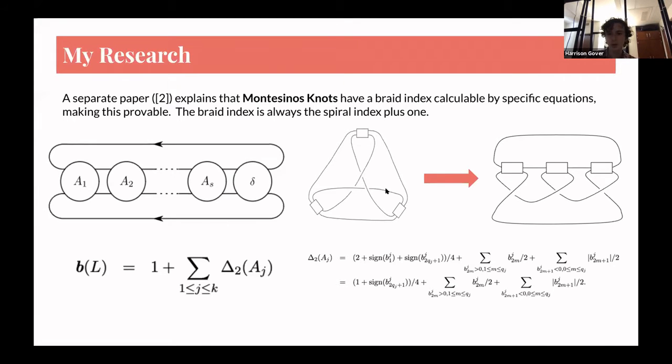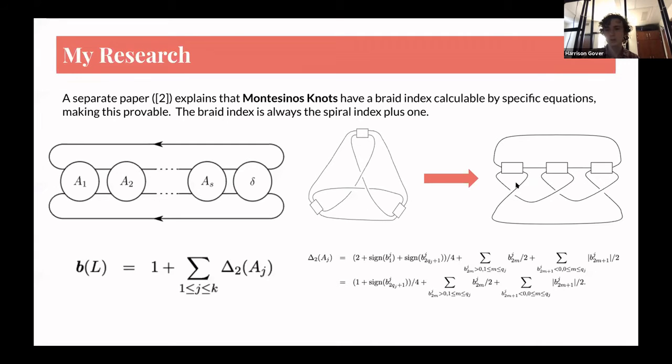So we can take this form of knot that we've been working with and convert it into a Montesinos knot using a simple transformation. Using that transformation in the transformed knot, we can use these 2 equations on the bottom. I'm not going to bore you all with the details of this equation, but essentially what it does is it takes each individual tangle and counts its contribution to the braid index, and then it adds it all up and adds 1.